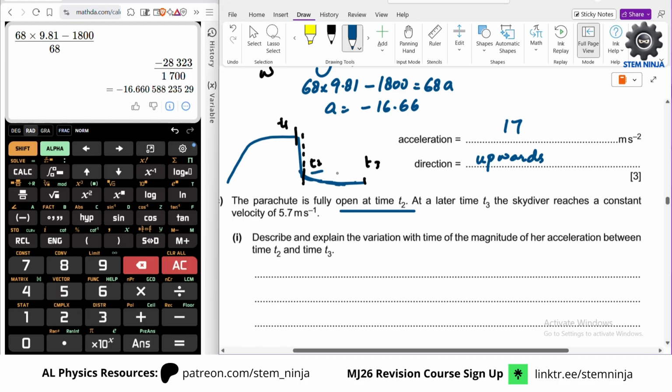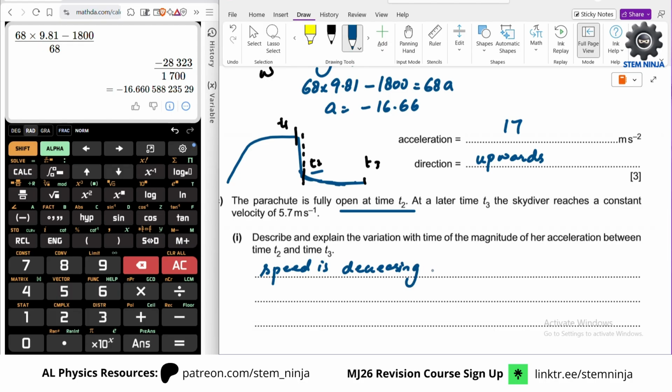So at this point, we already know that the speed is decreasing. So speed is decreasing after time t2, which causes drag force to decrease as well.